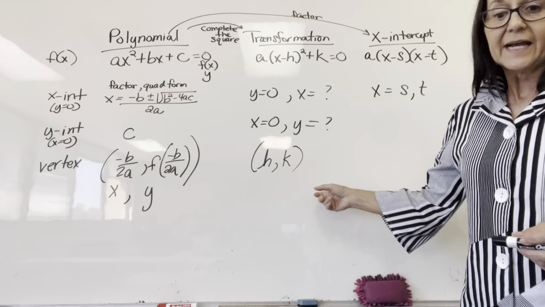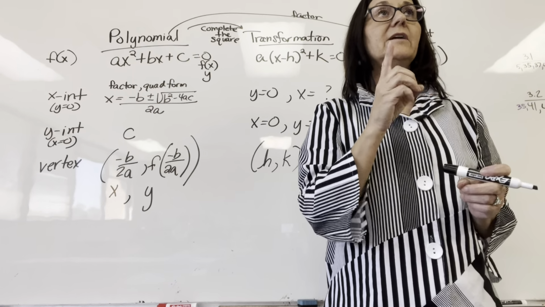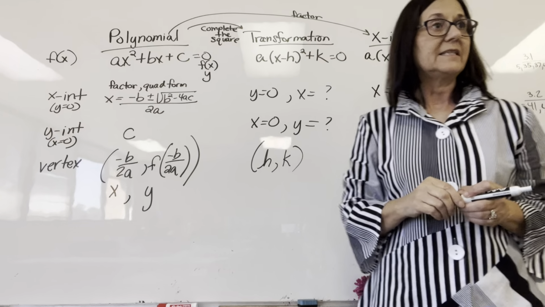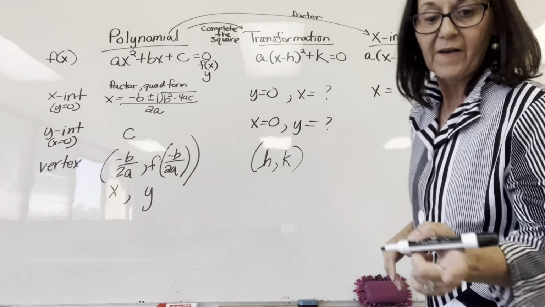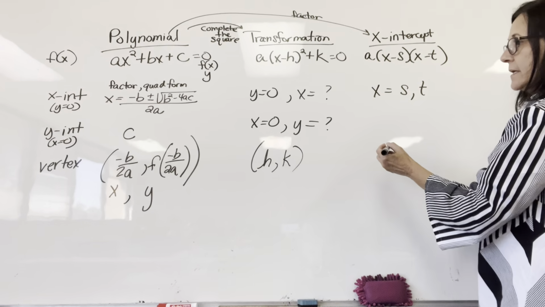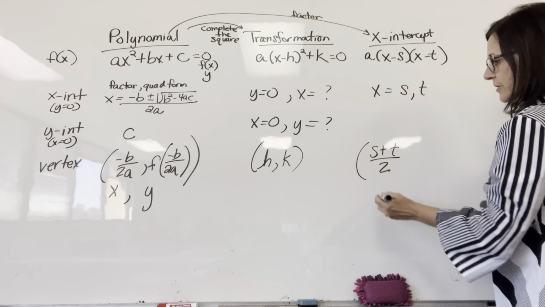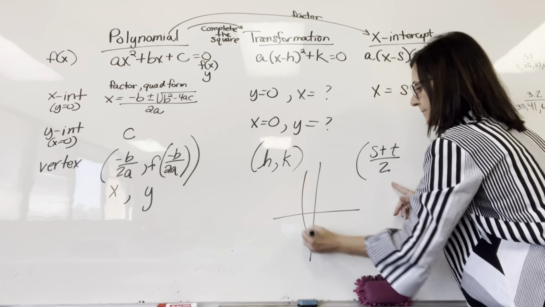Okay, the vertex is such an interesting concept because it's literally the midpoint of s and t. The x value of the vertex is s plus t over 2. Why? Let's think about the reasoning.